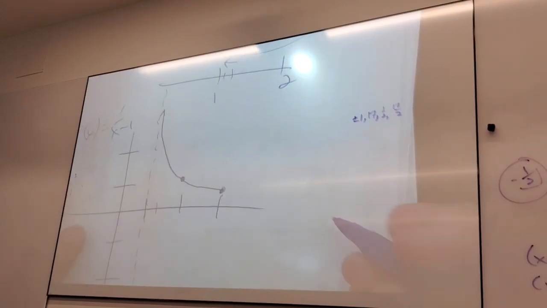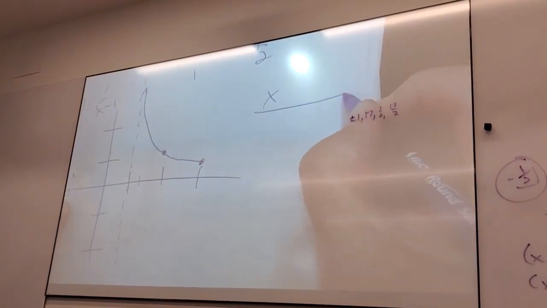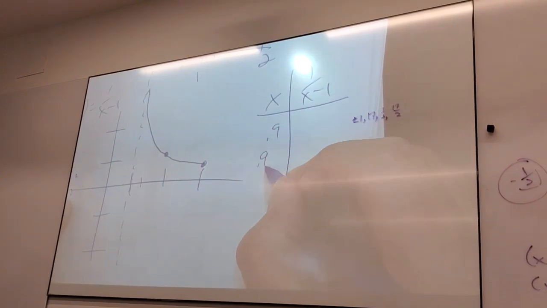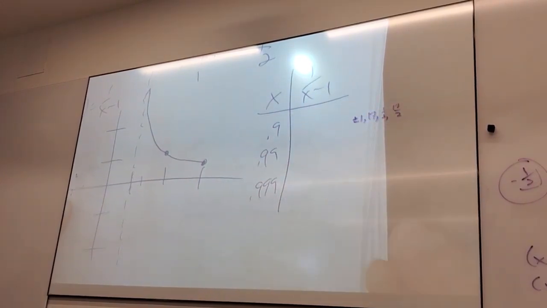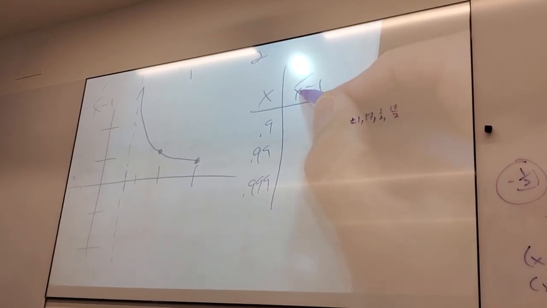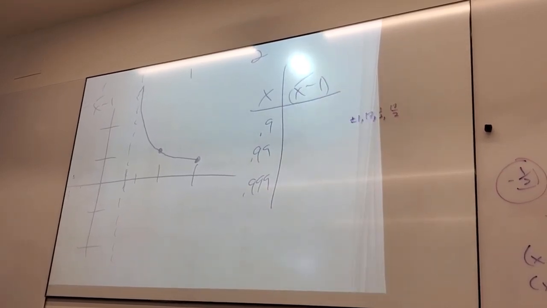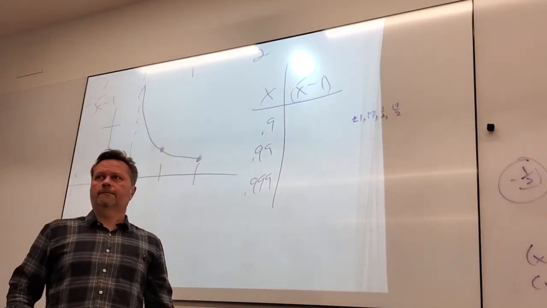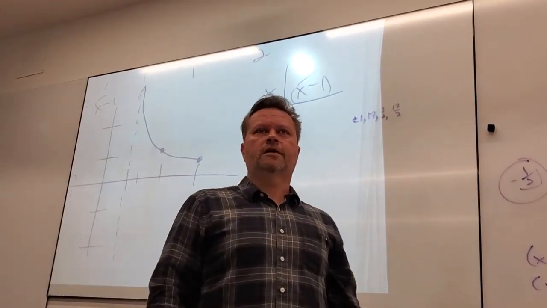Now, I want you guys to take a minute. Do 0.9, 0.99, 0.999. Don't say anything out loud. Try to figure out those. I did half the graph.